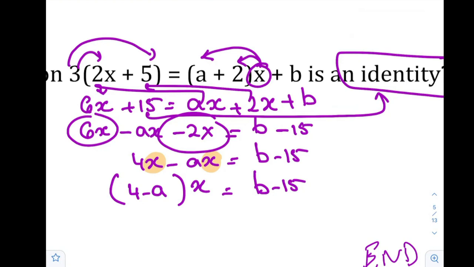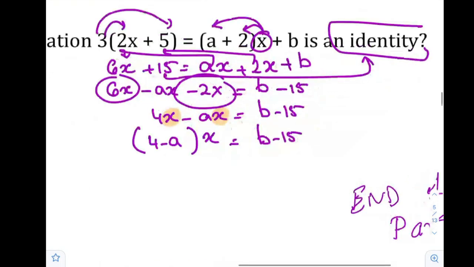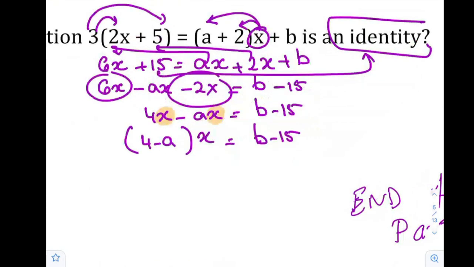Now, let's look here at the options given. When can we have an identity? To have an identity, that means this side should equal this side. And this side should be 0 because we will not need the variable. So that means here 4 minus a should be equal to 0, and that means a is definitely 4.